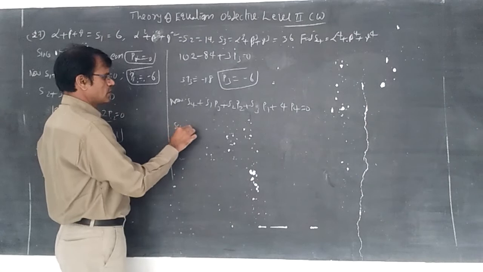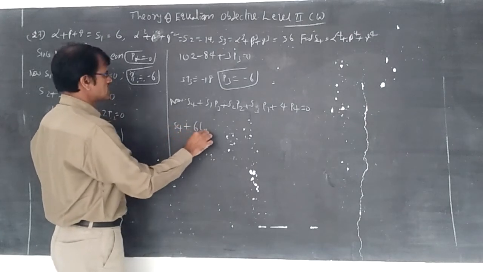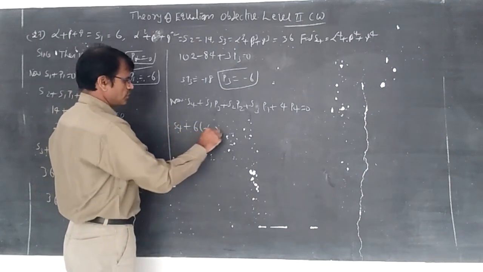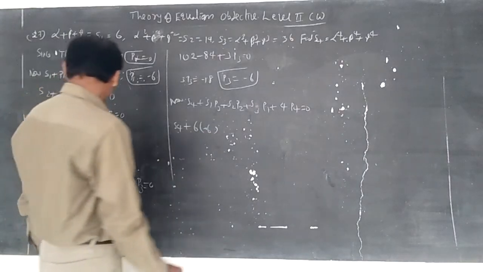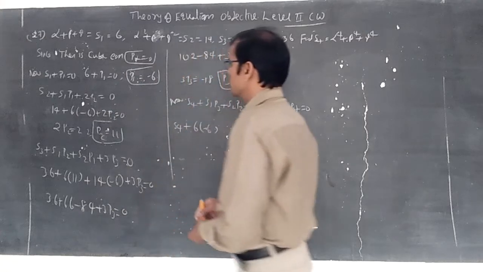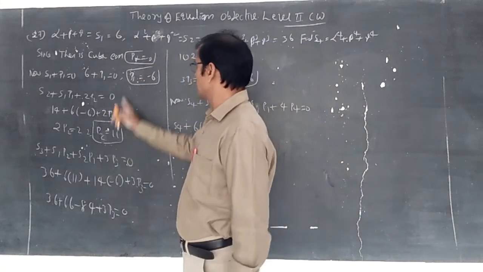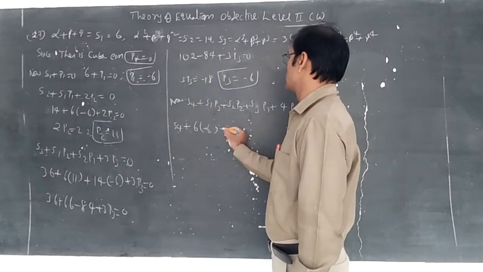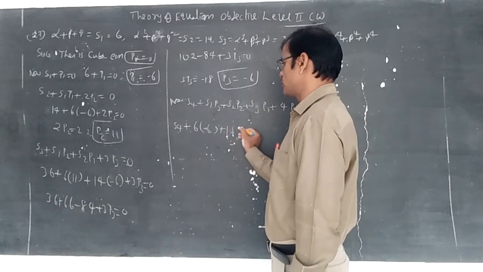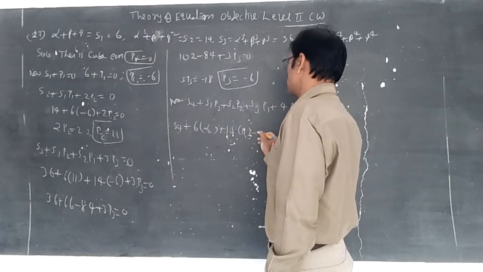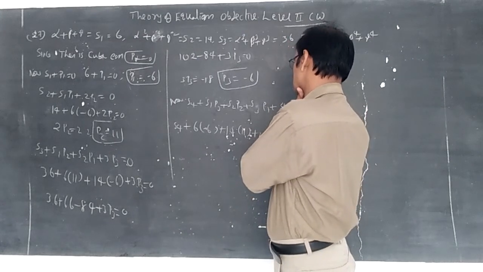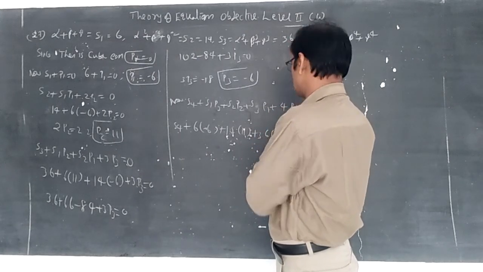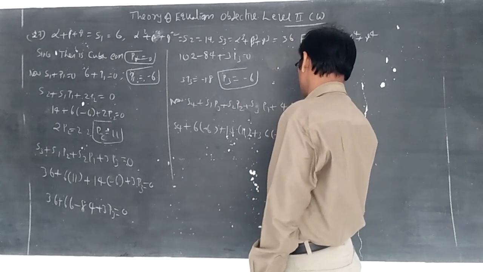S4 we need to calculate, plus S1 meaning 6 into P3 which we got as minus 6, plus S2 P2, S2 already given as 14, so 14 into P2 meaning 11, plus S3 meaning 36 into P1 which is minus 6, equal to 0.